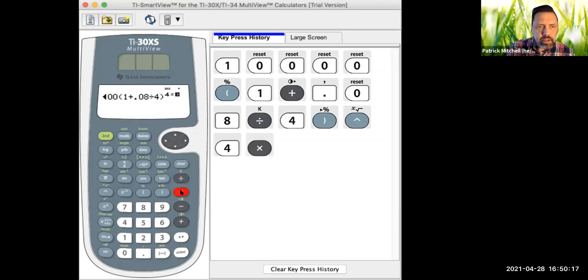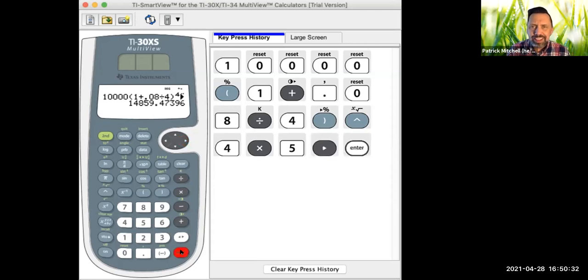Now, if you're using a different kind of calculator, you may need to put that 4 times 5 in parentheses. Okay. So play around with the calculator and just see what works. And you will know that you are doing it correctly when you get this answer. And since this is an amount of money, we will round this off to $14,859.47.